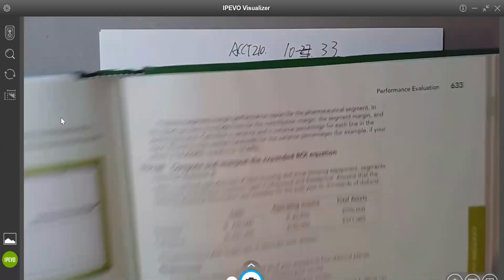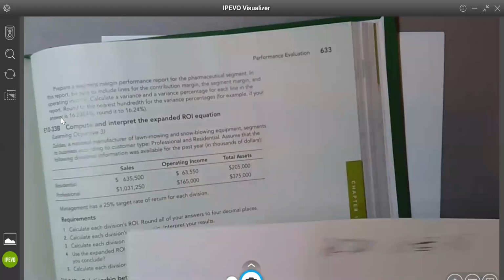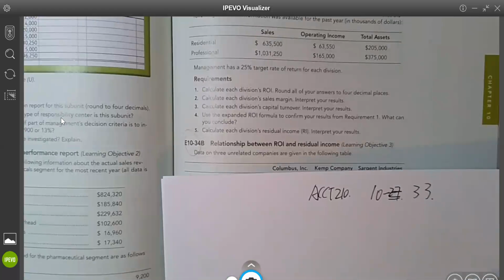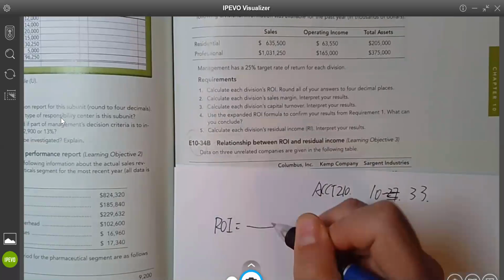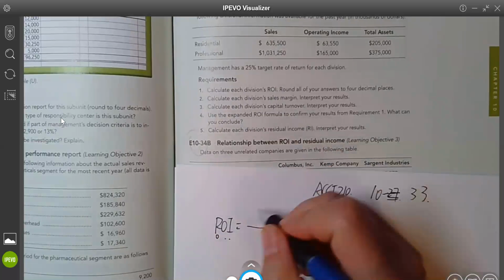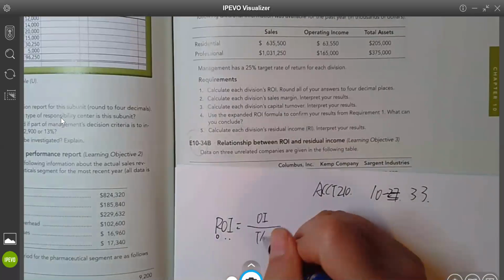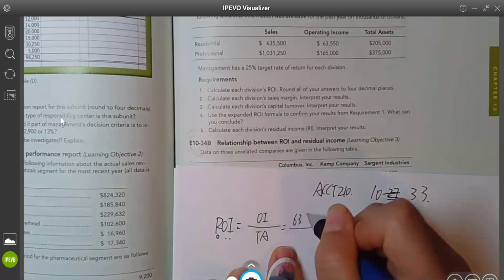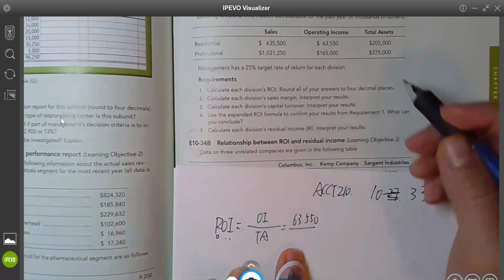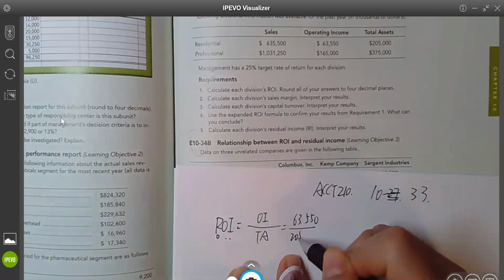Calculate ROI. I'm not going to say too much, but let's just get some numbers so you have the general idea. First one, talking about ROI, we said the ROI is your return on investment. So basically your operating income divided by total assets. You have your operating income of 63,550 divided by your total assets 205,000.